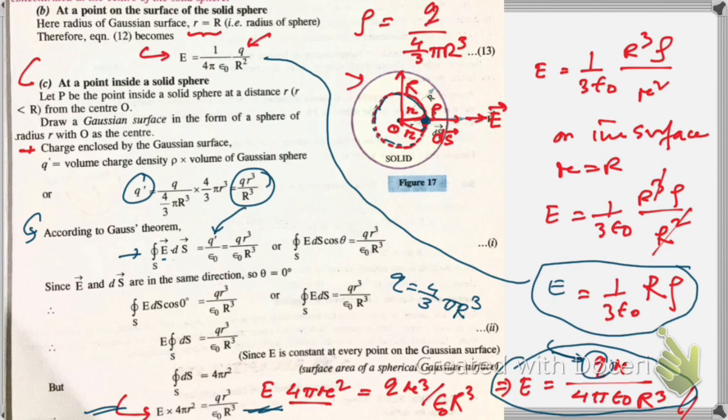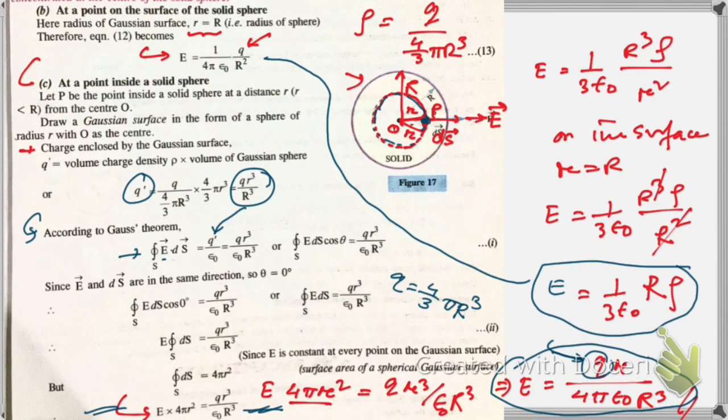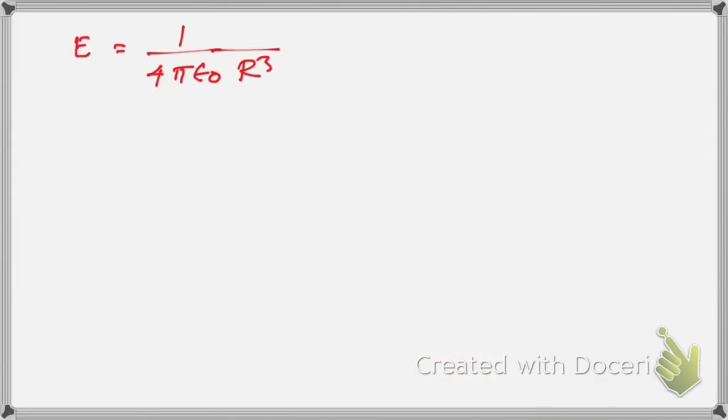The final expression that we have got for the electric field for a point inside the sphere, E is equal to 1 by 4 pi epsilon naught R cube, and here we have QR.